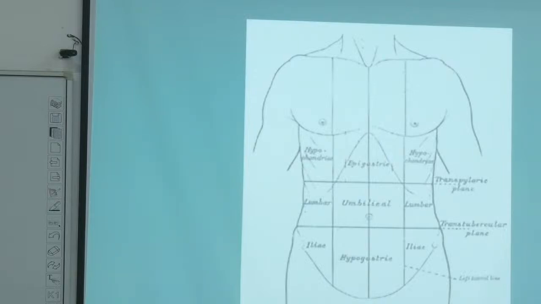In, say, right iliac fossa pain, which is mostly appendicitis. When you see upper right hypochondriac pain with vomiting or some jaundice presentation, you think of cholecystitis.